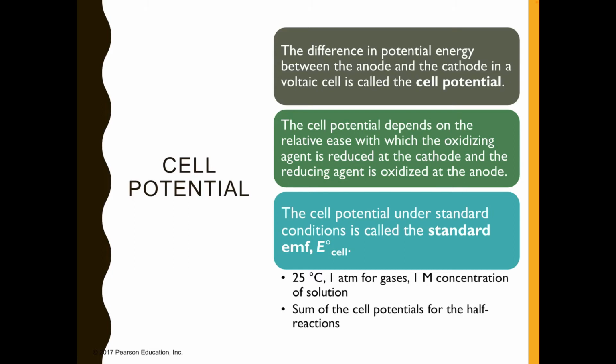Okay, our cell potential is going to be under standard conditions. We're going to call it the standard EMF, or E naught of the cell. So this stands for our electromotive force. This tells us at standard conditions, which would be 25 degrees Celsius, 1 atm for gases, 1 molar concentration of solutions. And then the cell means that we have added together our oxidation and reduction.